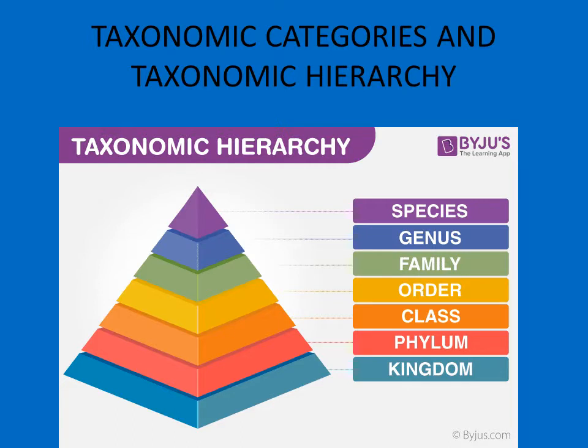As I have already discussed, the lowest rank in the taxonomic hierarchy is given to species, and the higher ranks in order are genus, family, order, class, phylum, and kingdom. I have already told you that in case of plants we use the term division, but in case of animals we use the term phylum.